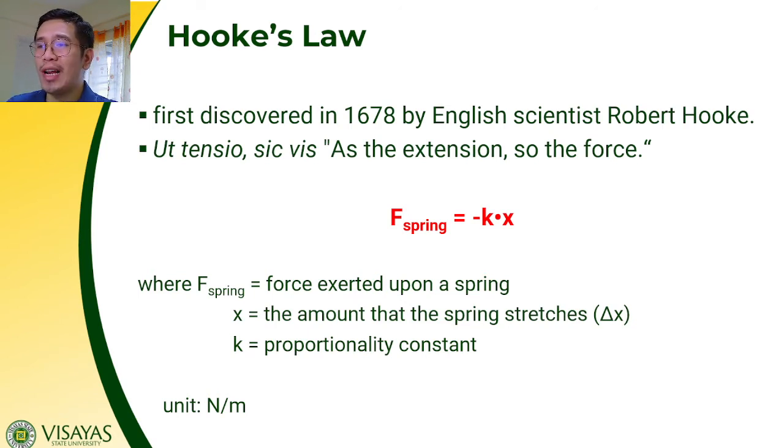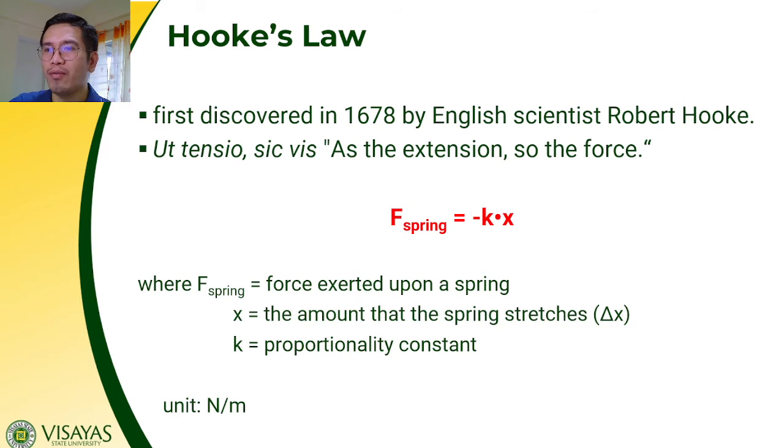However, sa atong formula, we can see nga naa tay negative sign. This is an indication that the direction that the spring stretches is opposite the direction of the force which the spring exerts. For instance, when the spring is stretched below its relaxed position, x is downward. The spring responds to this stretching by exerting an upward force.